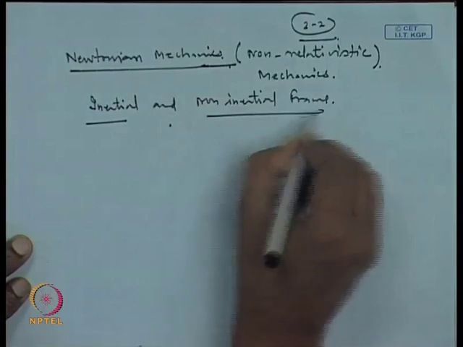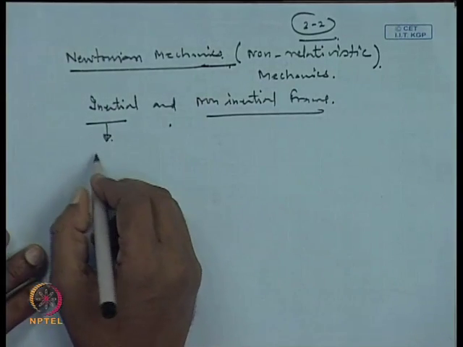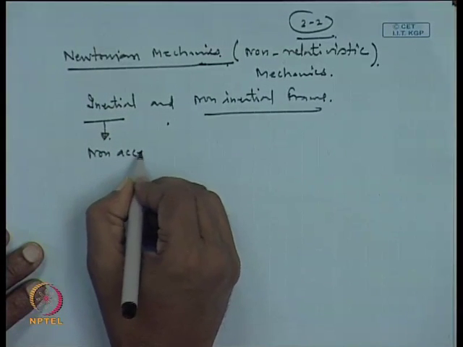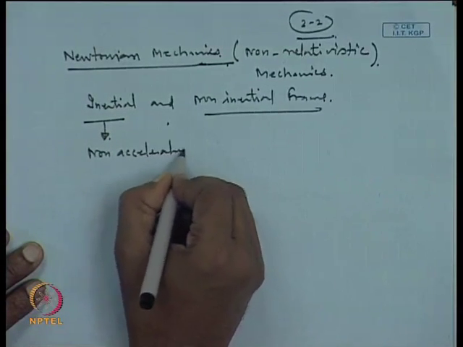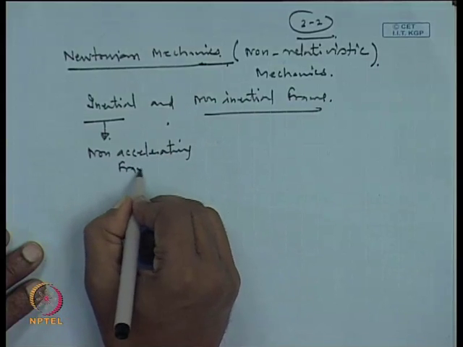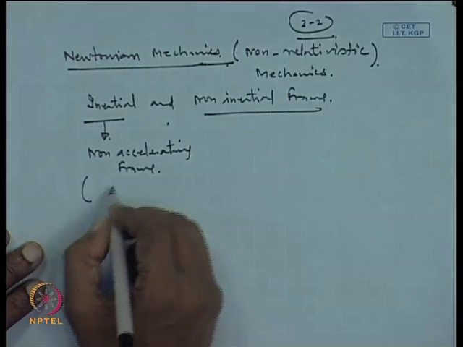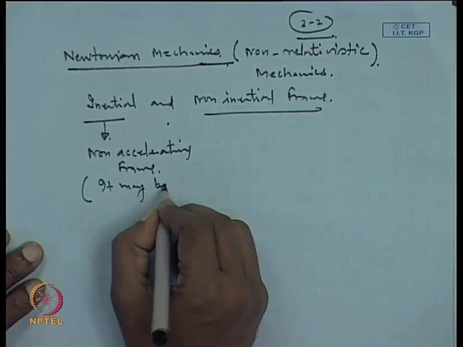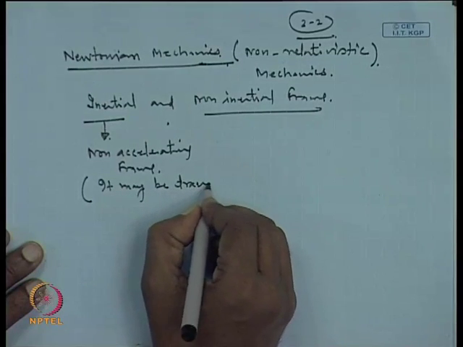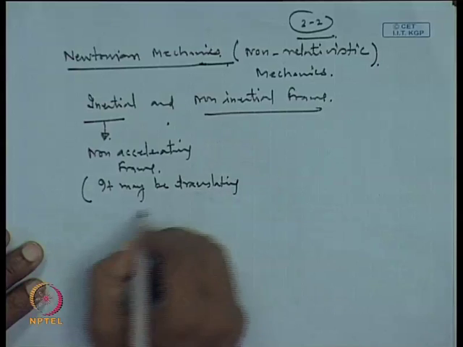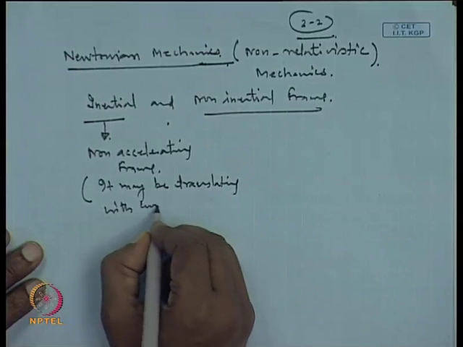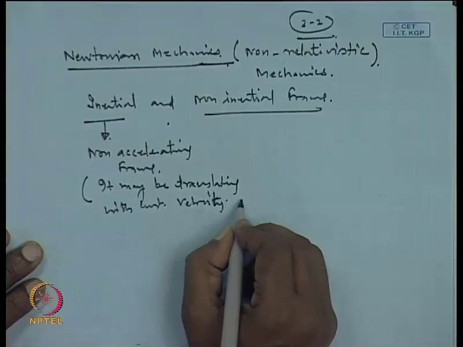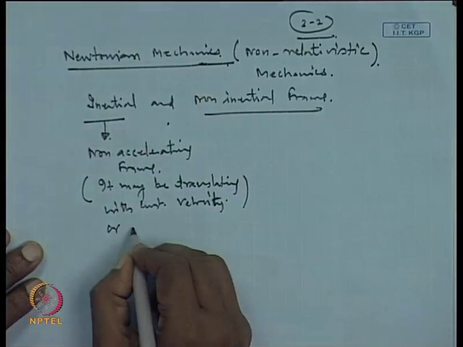So, we will define an inertial frame as a non-accelerating frame, and it may be translating with constant velocity, or may be stationary.